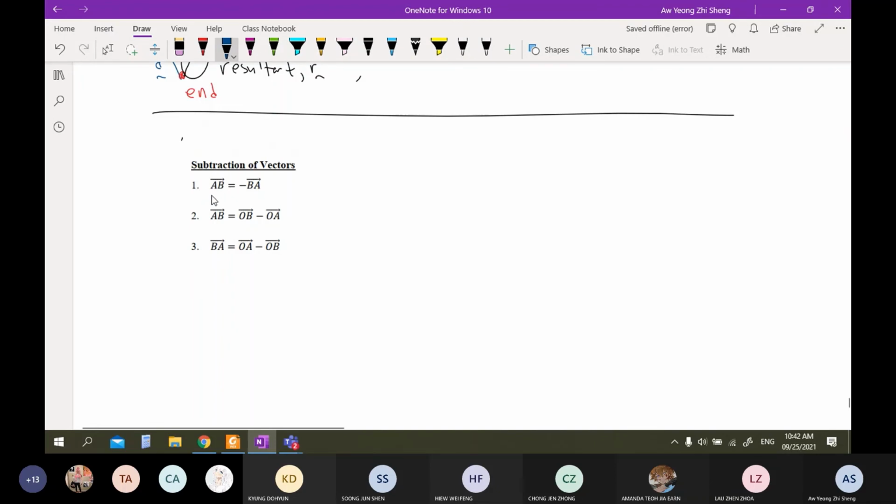Property number 1 is telling us that if you have a vector directed from A to B, we all know what negative of AB is. So if this vector is a vector from A to B, then the negative of AB will point the other way.